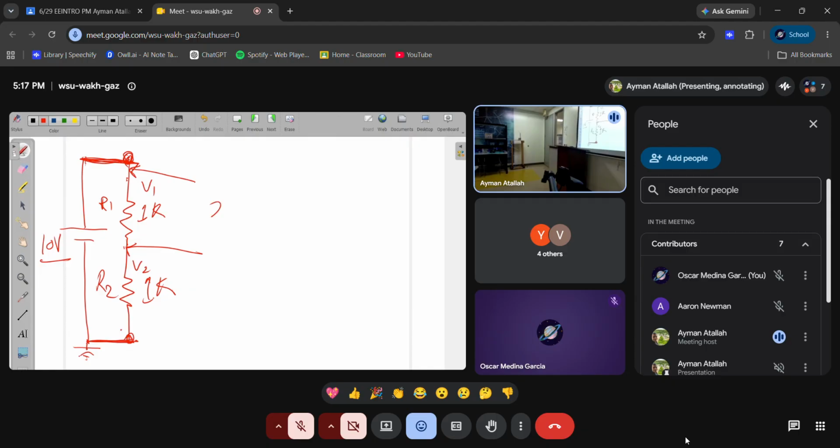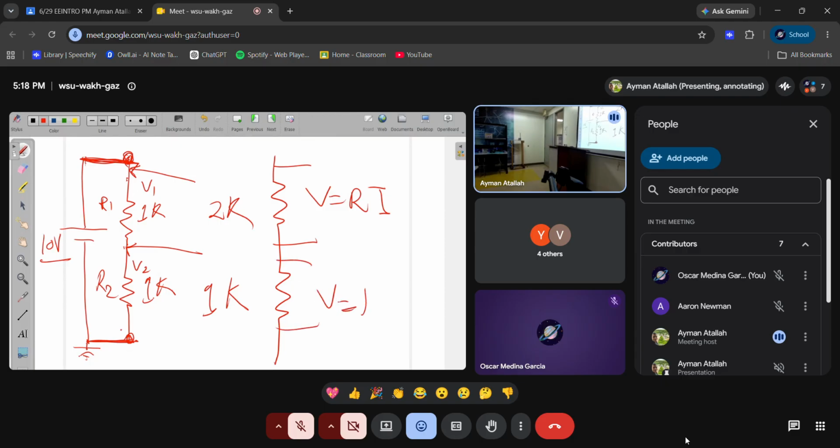If you have 2K here and 1K here, and the two resistors are connected in series, what does it mean? The current is the same, right? If the current is the same, what's the voltage drop? V equals R times I. This resistance times the current, and this resistance times the current.